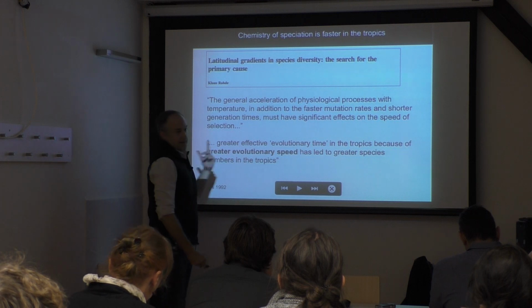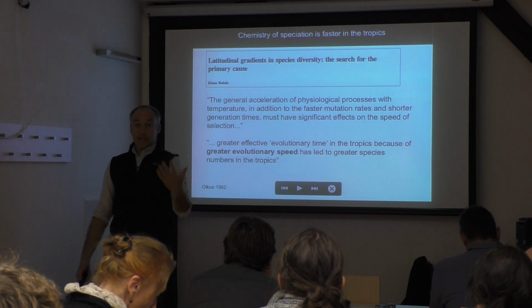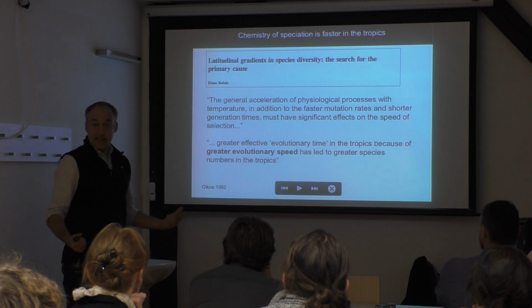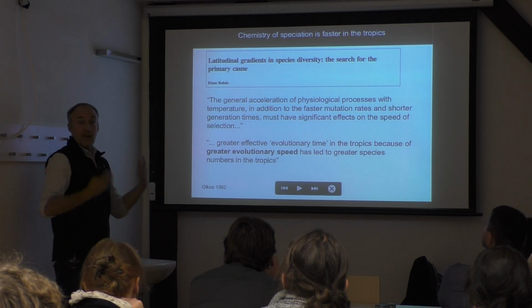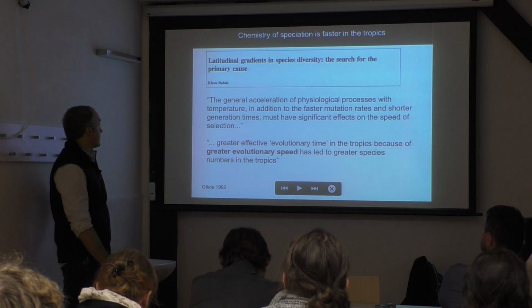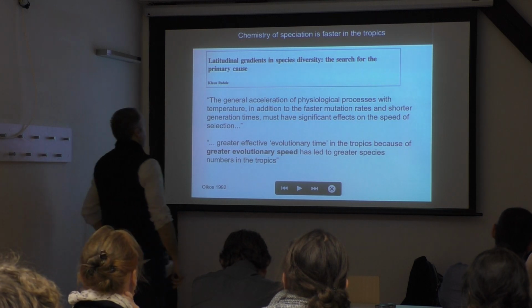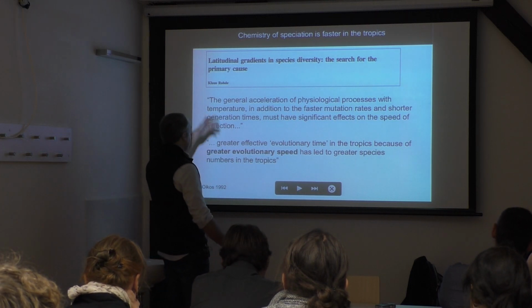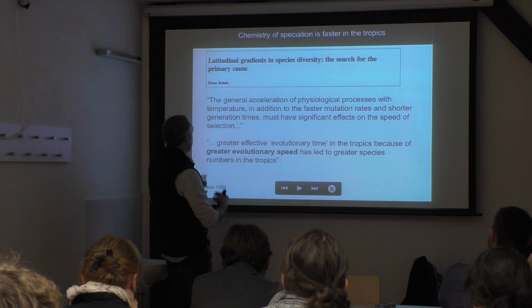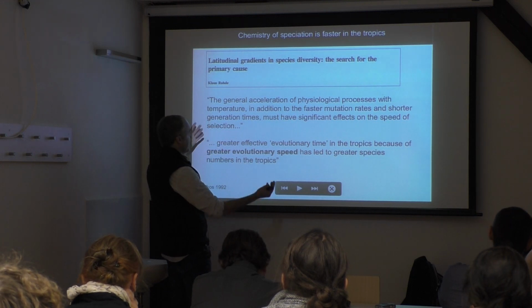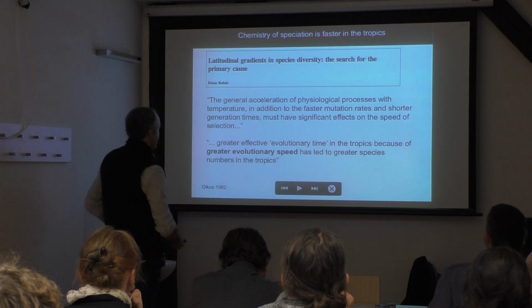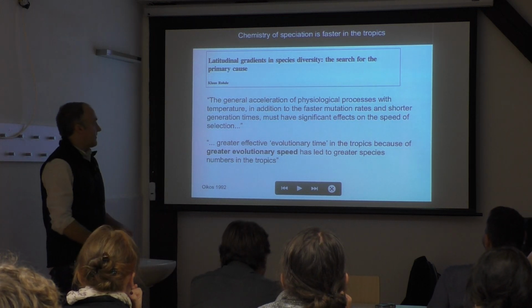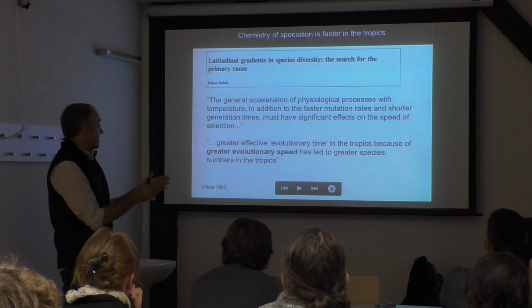One idea that goes back a while in studies of the latitudinal gradient is that the chemistry of speciation, or evolutionary speed, is faster in the tropics. We go back to this 1992 paper, kind of a classic on this, and we see things like the general acceleration of physiological processes with temperature, in addition to faster mutation rates and shorter generation times.